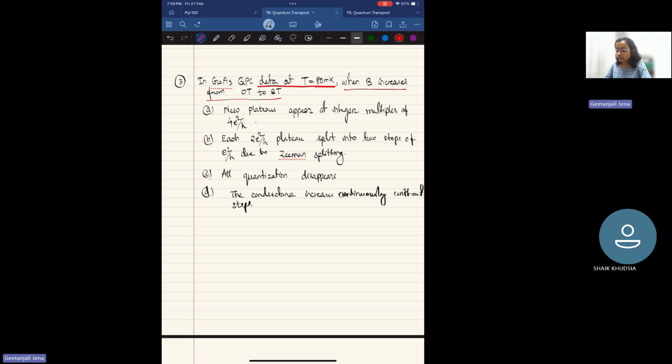Which one of these is correct for a gallium arsenide QPC when we increase the magnetic field from 0 Tesla to 8 Tesla? Yes, option B is correct, because there will be a Zeeman splitting and the plateaus will now split in steps of e square by h.